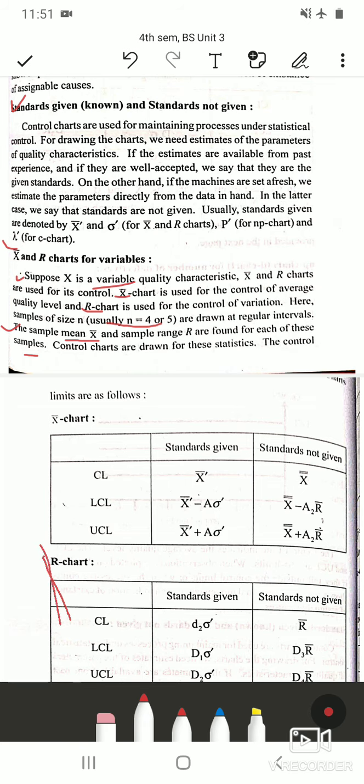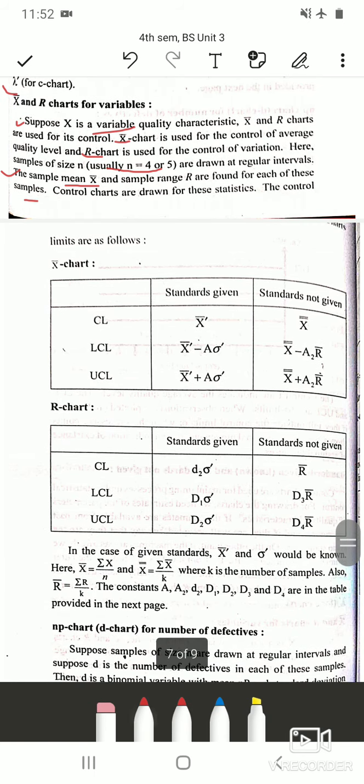So we will see what the control limits are. For the X bar chart, when standards are given, they will directly mention the standards. Then the lower control limit will be X bar dash minus A into sigma dash, and the upper control limit will be X bar dash plus A into sigma dash.